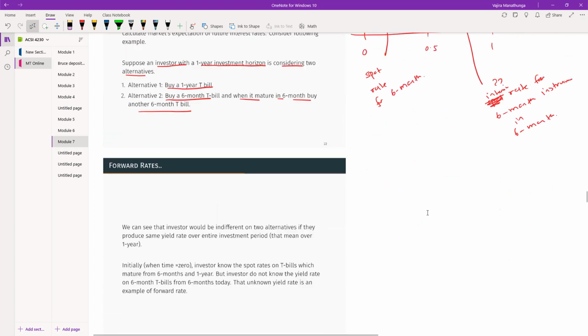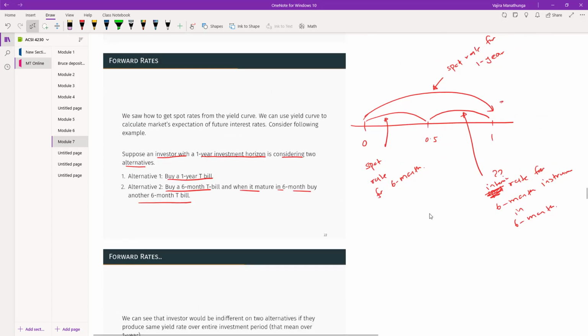So the idea is very simple. Let's say you have $1 here. When you discount it to time zero, let's use S01, that is the spot rate from now to 1 year.